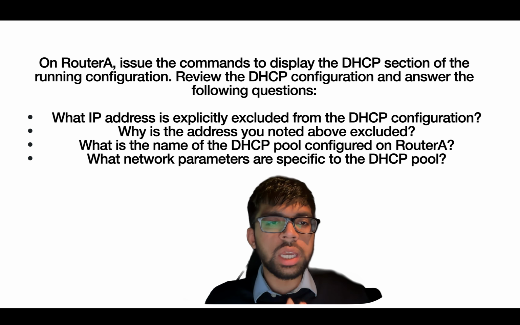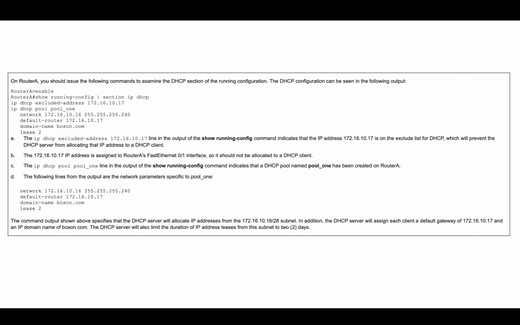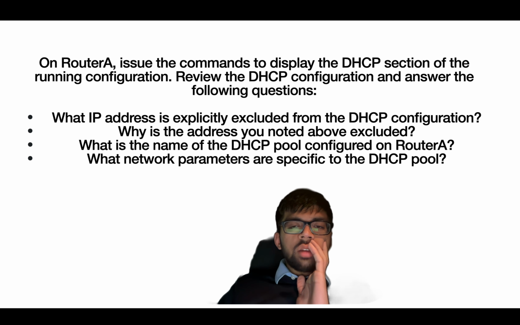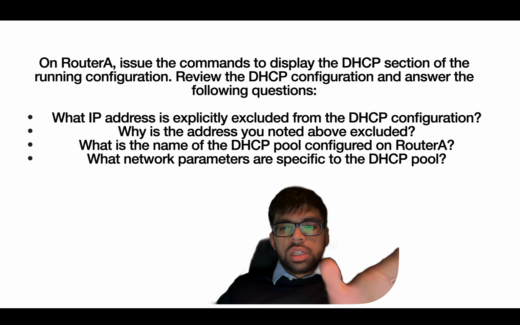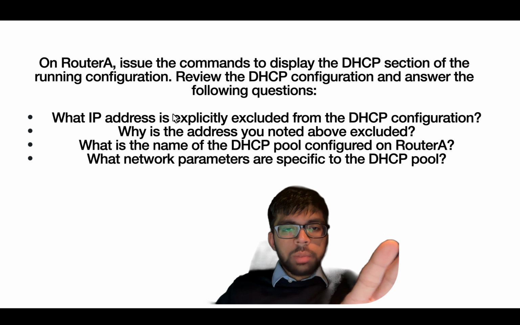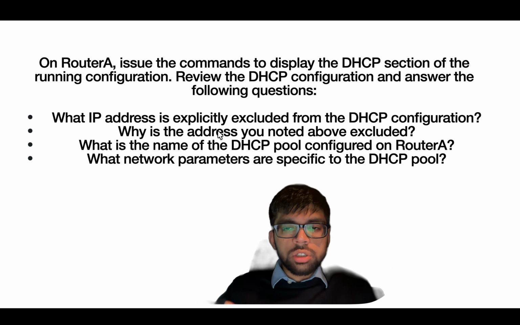On router A, we are now going to be issuing the commands to display the DHCP section of the running configuration. We need to review the DHCP configuration and answer these questions. What IP address is explicitly excluded from the DHCP configuration? Why is the address you noted above excluded?